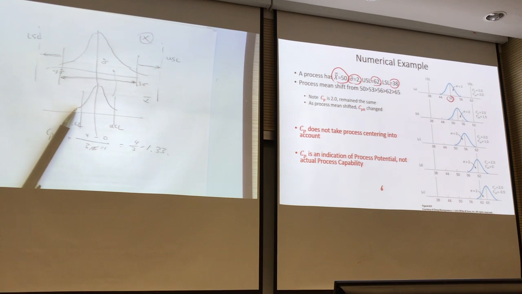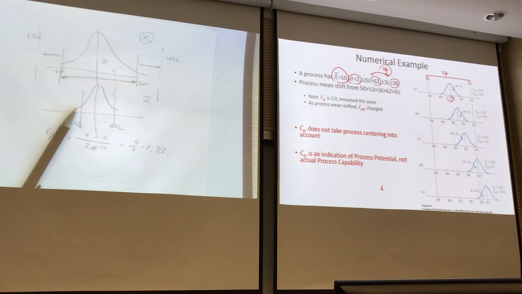Tolerance is 62 minus 38, equal to 24. What is the center point? 62 plus 38 divided by 2, so the center point is 50. The target of the specification is 50.